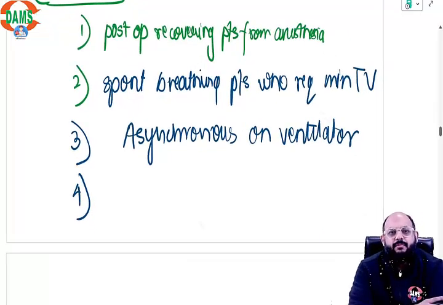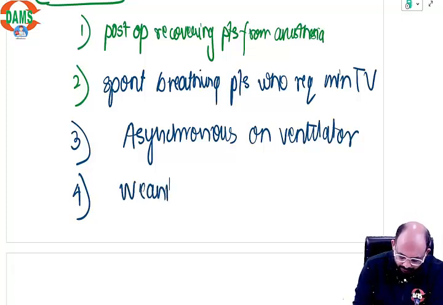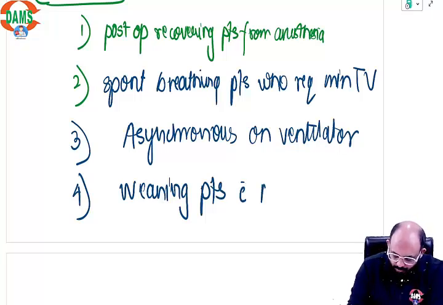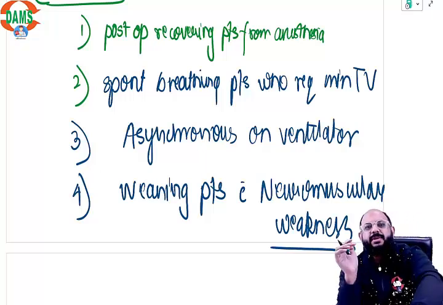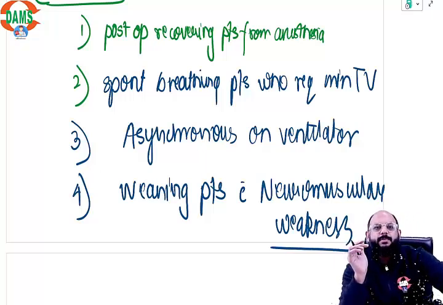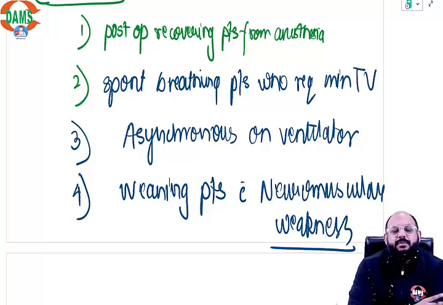So you give a volume support ventilation. And weaning patients with neuromuscular weakness. So here what is important is that you support the patient's tidal volume so that the patient will keep on breathing, and as the weakness keeps on improving, so will the inspiratory pressure keep on decreasing.